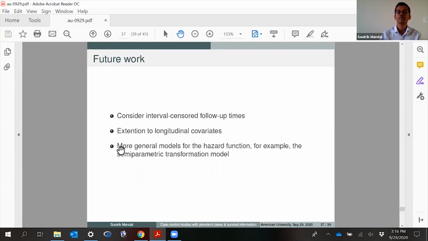And we can also consider more general models for the hazard function. So instead of the Cox proportional hazards model, we can use a more general semi-parametric transformation model, which includes the popular Cox model and the proportional odds model as special cases.